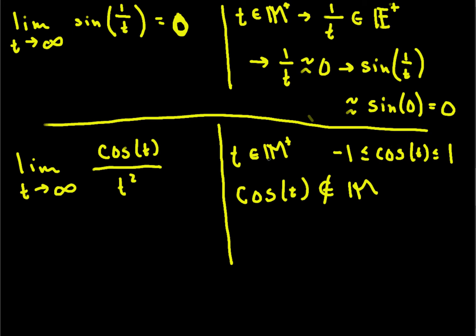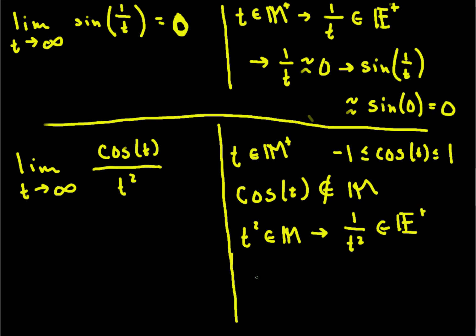Now, how about t squared? Well, if t is infinite, then t squared is an infinite number, which tells me that 1 over t squared is an infinitesimal, actually a positive infinitesimal.